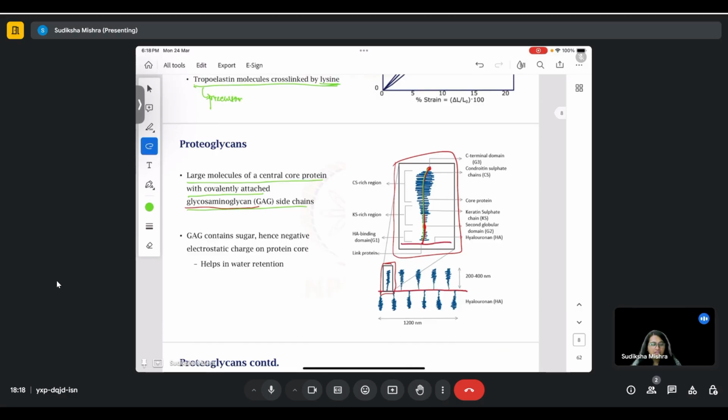These are very large molecules, with multiple subunits in the final protein, and these blue things that you see are the glycosaminoglycans. Essentially, it forms a brush-like pattern, and in most cases it forms a mucosal layer over a tissue or inside a tissue. It is a lubricating layer, might not be a mucosal layer. Glycosaminoglycans contain sugar, therefore they have a negative electrostatic charge on the protein core.